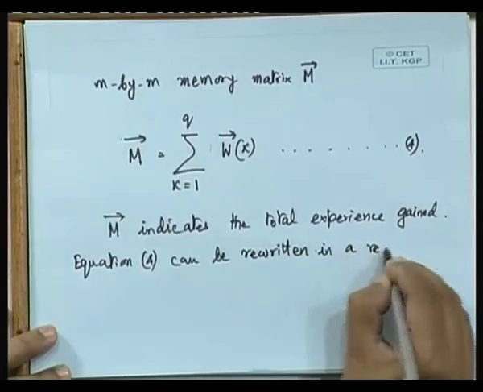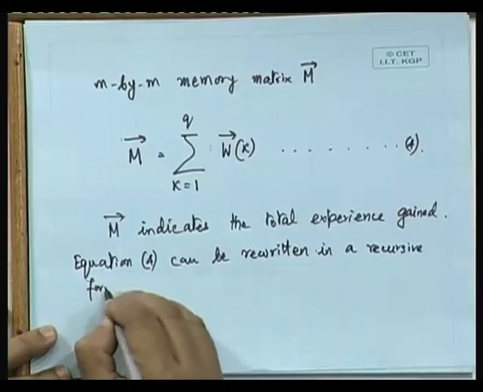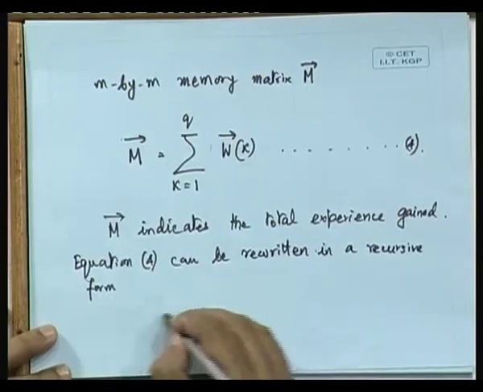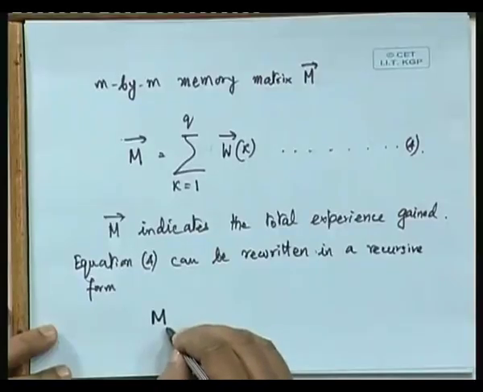What can we write? The M matrix after feeding the kth pattern. Here kth pattern means we are assuming that we are feeding the patterns from 1, 2 up to q in sequence. So we are feeding the kth pattern.